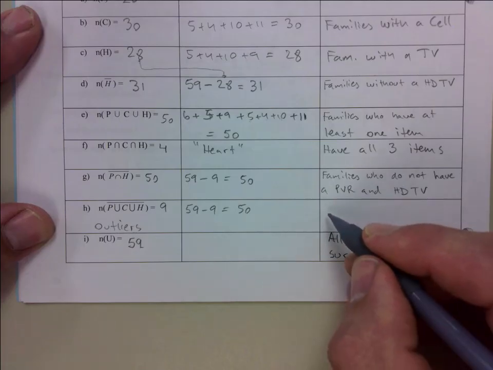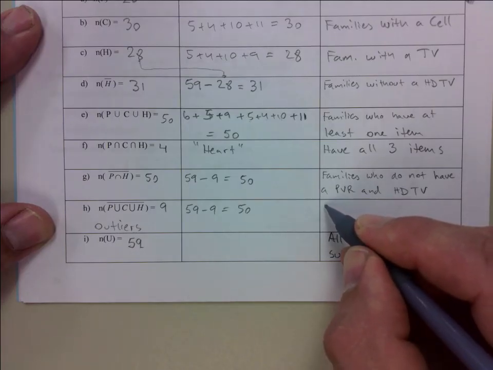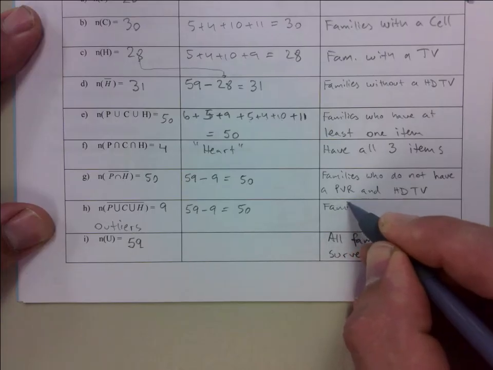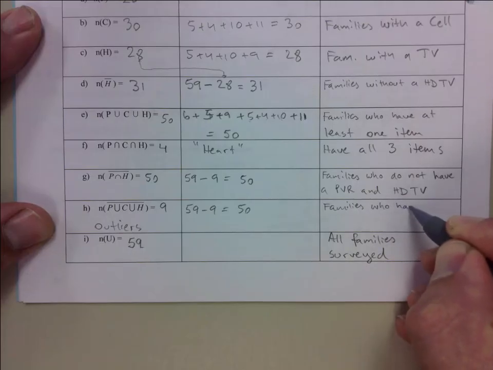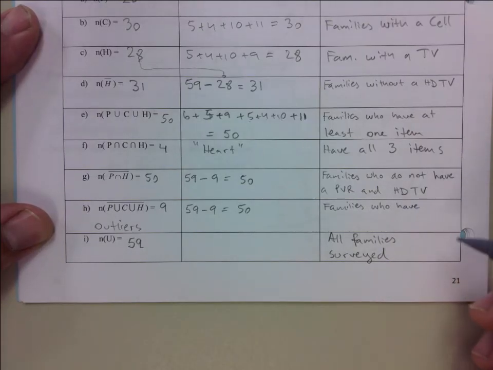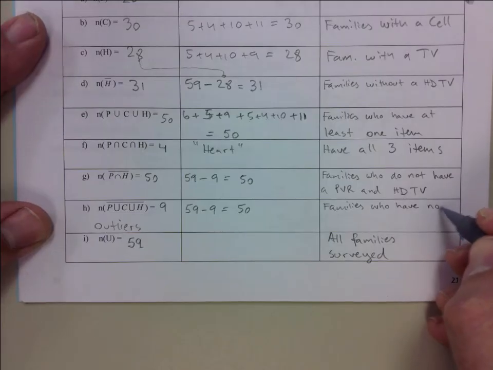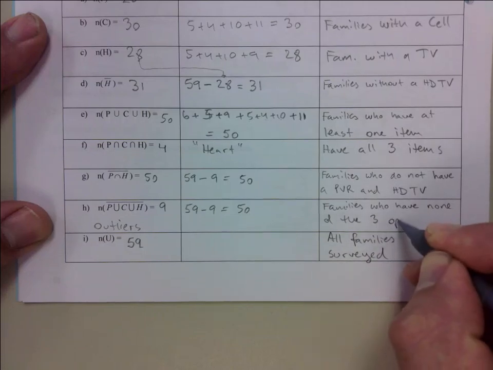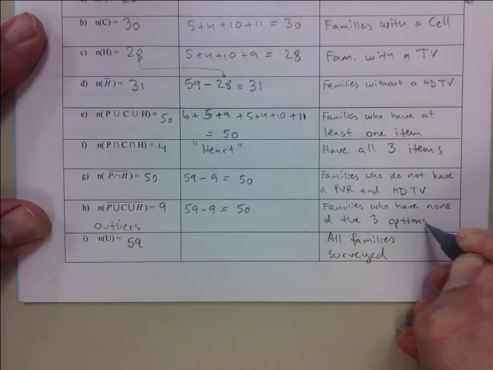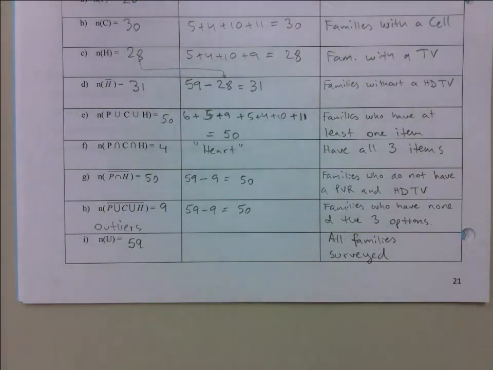And so, families who have none of the 3 options. You could also say families who do not belong to any of those sets. Okay. Fun stuff, eh?